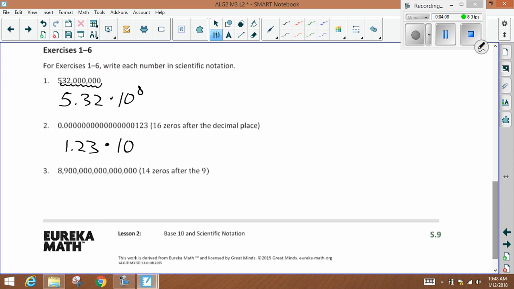So 16, 17, right? Because you got to go one more than the 0. And then for this one, 8.9, it says there are 14 after the 9, but our decimal is here, right? So we got one more. So it's times 10 to the 15.